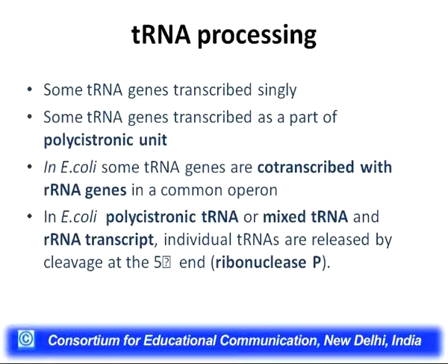In E. coli, the polycistronic tRNA or mixed tRNA and rRNA transcripts are processed by ribonuclease enzymes. These ribonuclease enzymes act on the polycistronic molecule and bring about the cleavage of the individual molecules by making a cut at the 5' end.